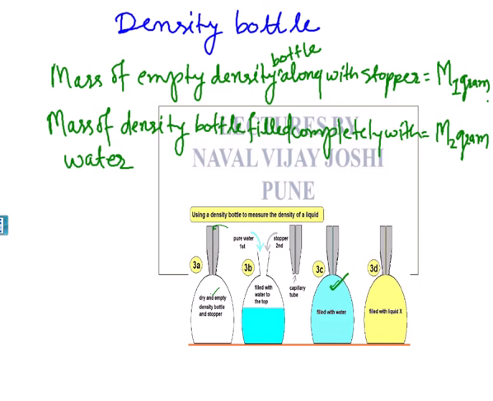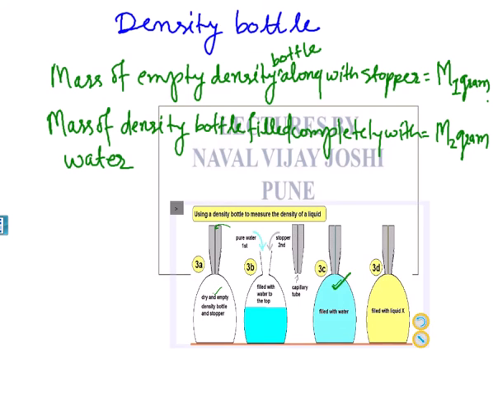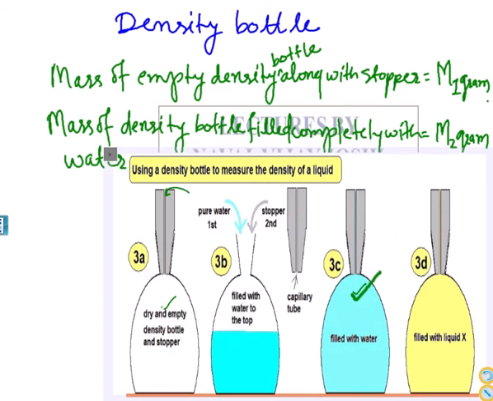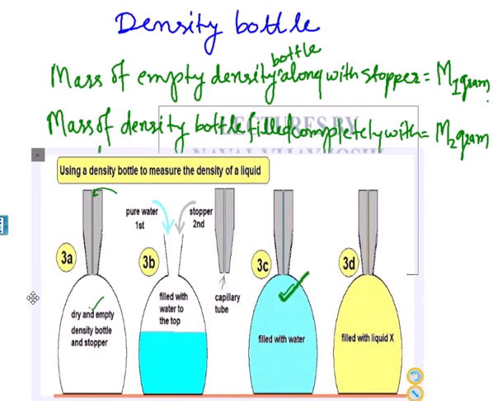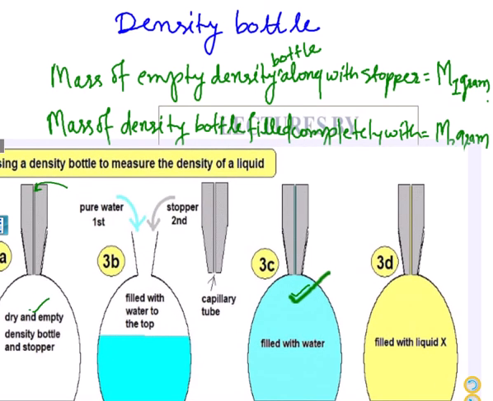Now I would make clear the use of this capillary tube. You can see, again I am magnifying the view for your convenience. This is the capillary tube, in the stopper or the lid. After filling the density bottle, you close it tightly with this stopper.